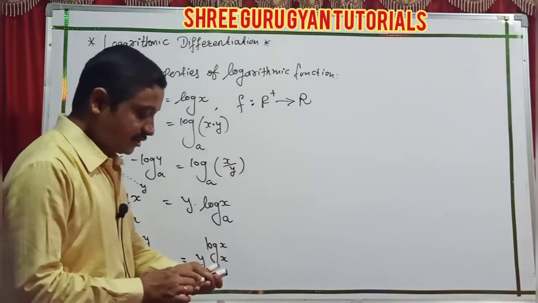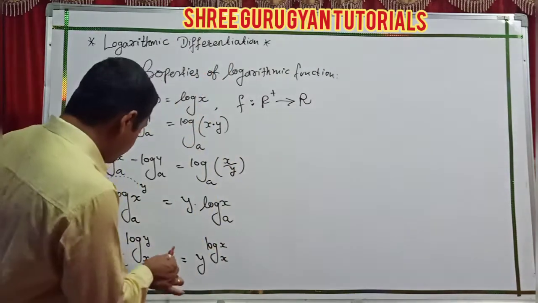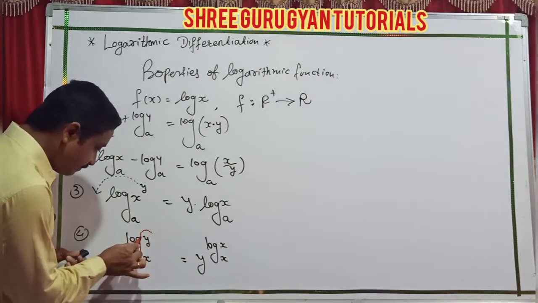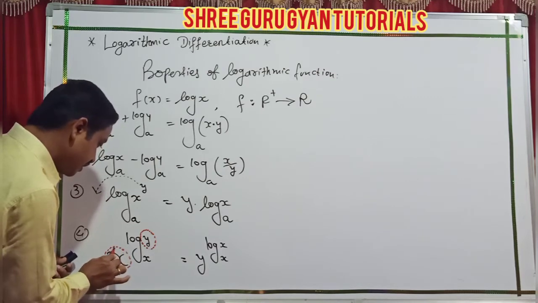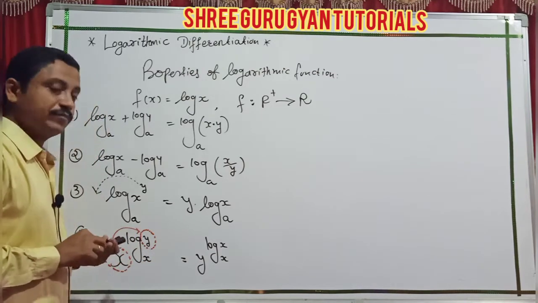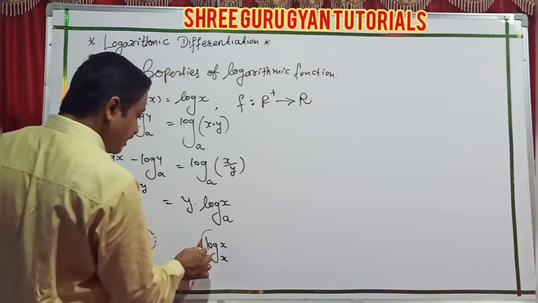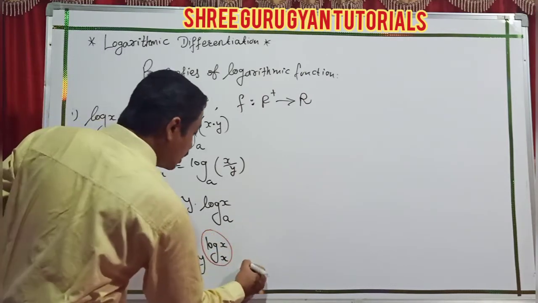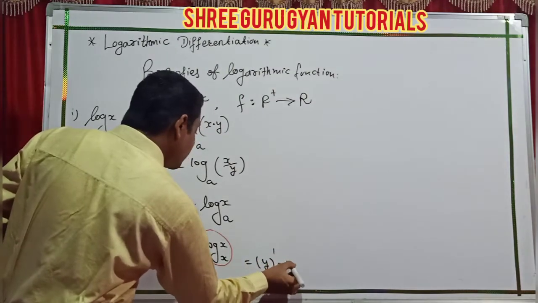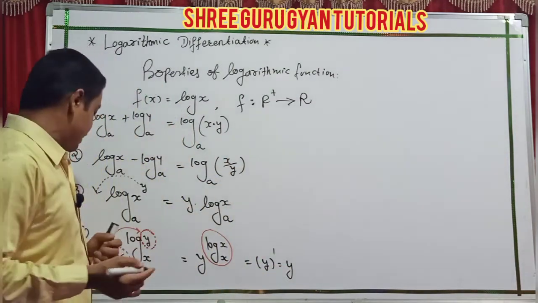Generally, students, in this criteria, this y and this x are interchanged in their positions, and log x base x must be every time 1. So your answer is only y.